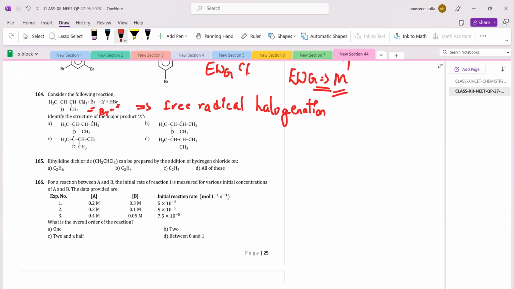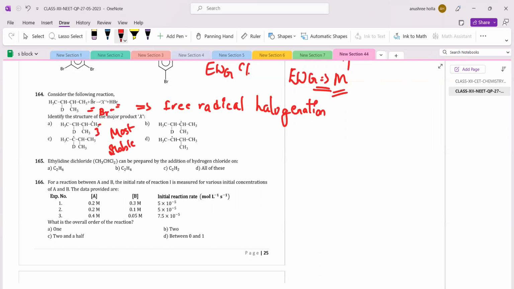Okay. Now they have given you the major product wherein they have mentioned the free radical that is being produced. You just have to look into the option wherever you'll be getting the most stable free radical, right? So observe.